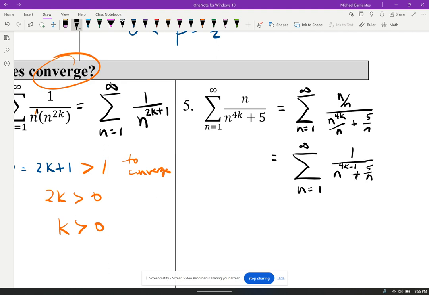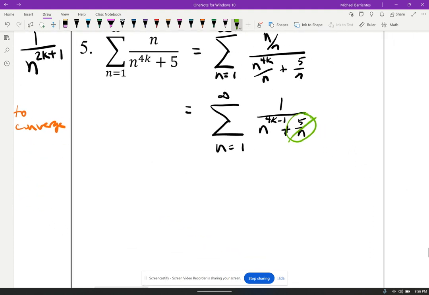Now, as I go into infinity, this series will really depend on the first part, not this part, because as n goes to infinity, this will become so insignificant, it's going to go to 0. And then I'm really left with a p-series right here.